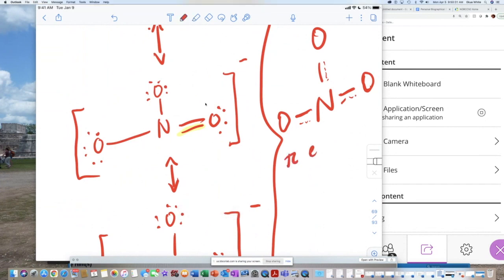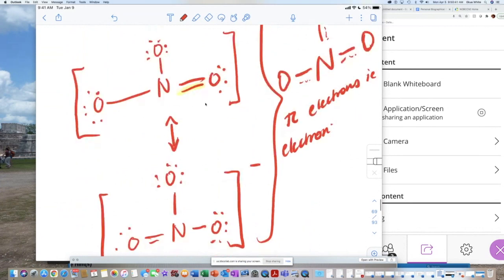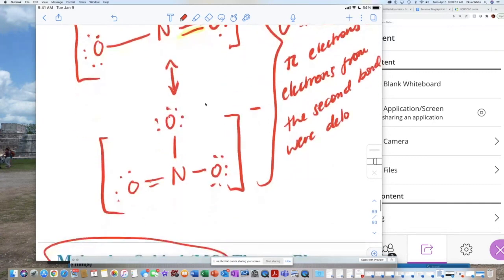So pi electrons, i.e., electrons from the second bonds, were delocalized. Delocalized is like shared or spread out between 3 elements.